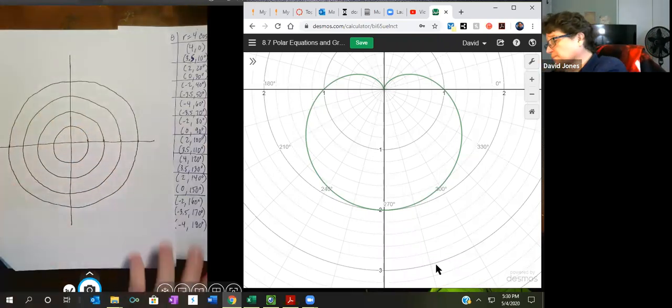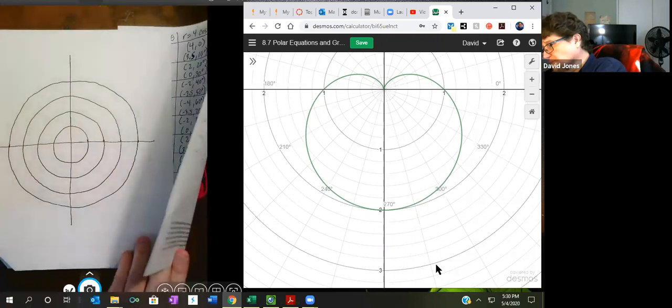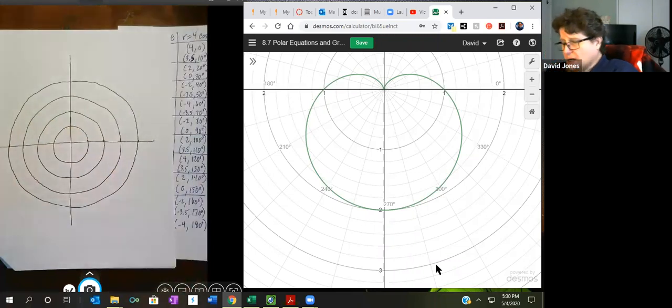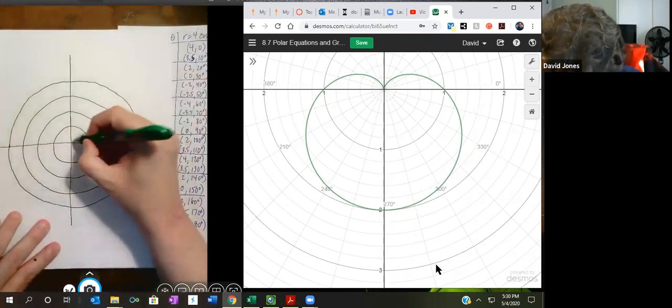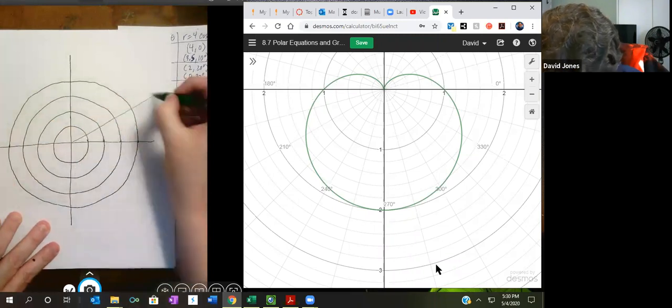Okay. I'm going to use green for my 30 and 60 degree lines.